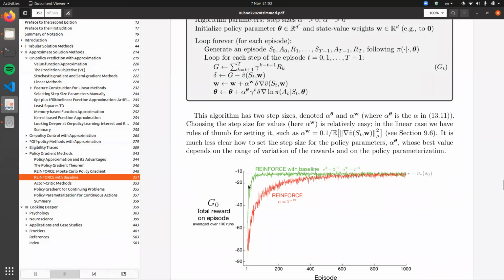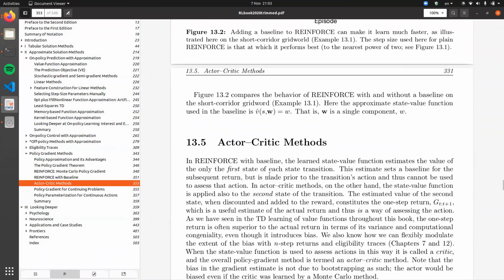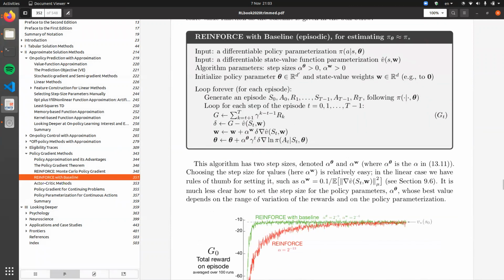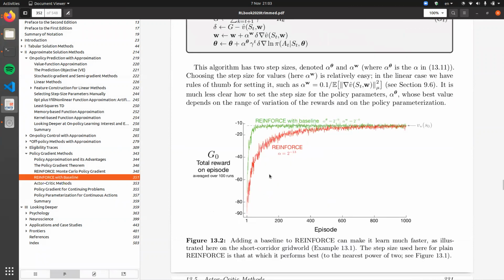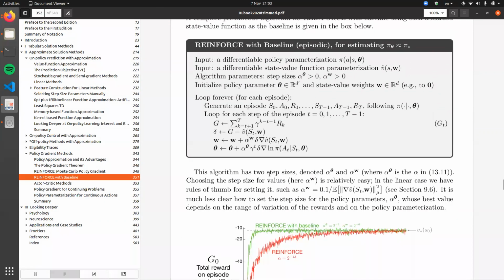Okay, so that is a way to reduce the variance, and more is discussed in those lectures I mentioned. But now let's move on to actor critic methods. When discussing REINFORCE with baseline, we saw that we can use estimates of values of the states to improve our REINFORCE algorithm.